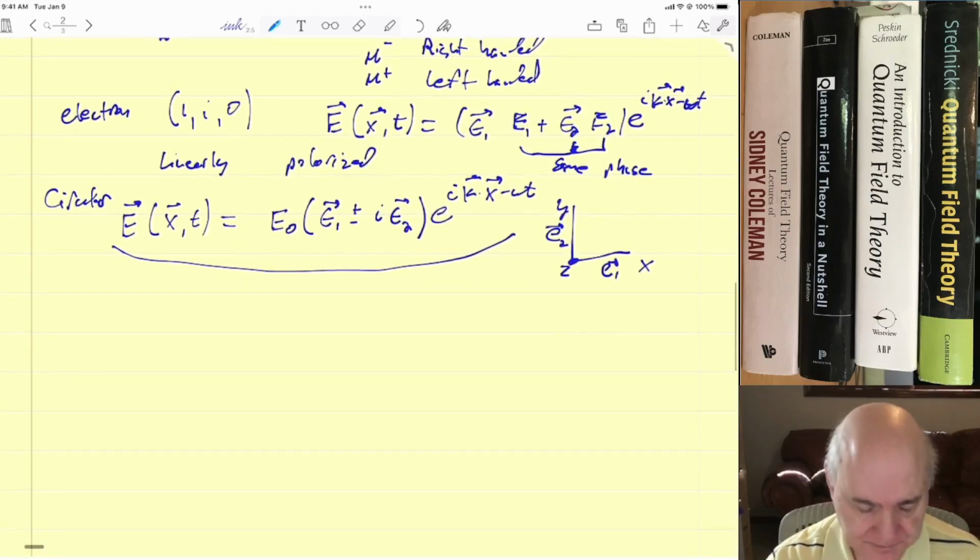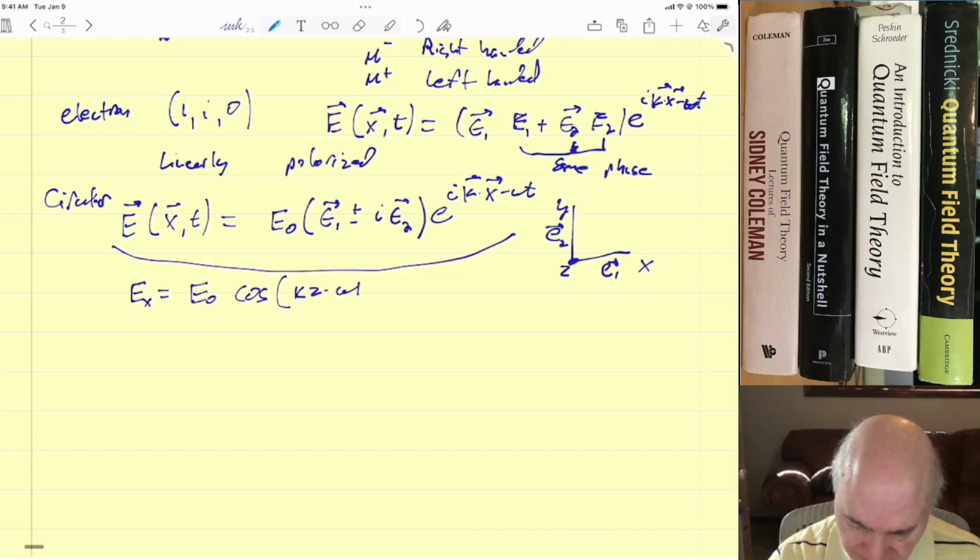And if we were to describe this, we would say the x component is equal to E0 cosine(kz minus omega t), and EY would be equal to minus/plus E0 sine(kz minus omega t).